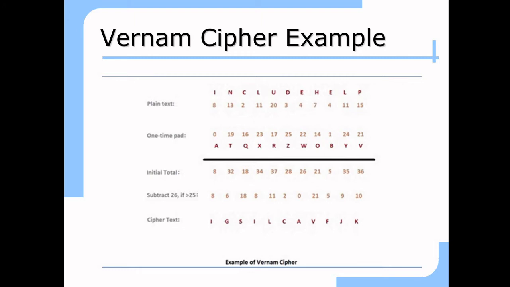Then take the one time pad randomly and convert it into numbers. Then add both the plain text and one time pad numbers. If the addition is greater than 25, we subtract 26 from it and put the resulting value. Then we convert the numbers into characters to get the ciphertext.